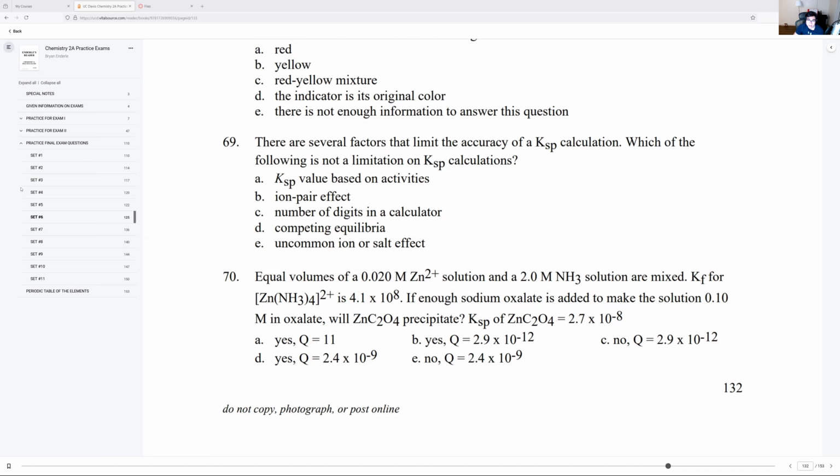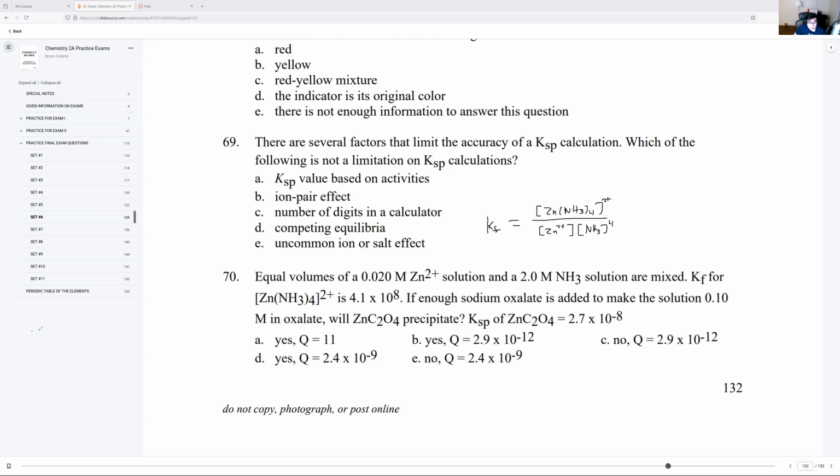So you know that Kf for this formation is going to be the product, the complex ion, over the reactants. I'll actually write it out in a sec, otherwise you might miss that this is to the fourth power.